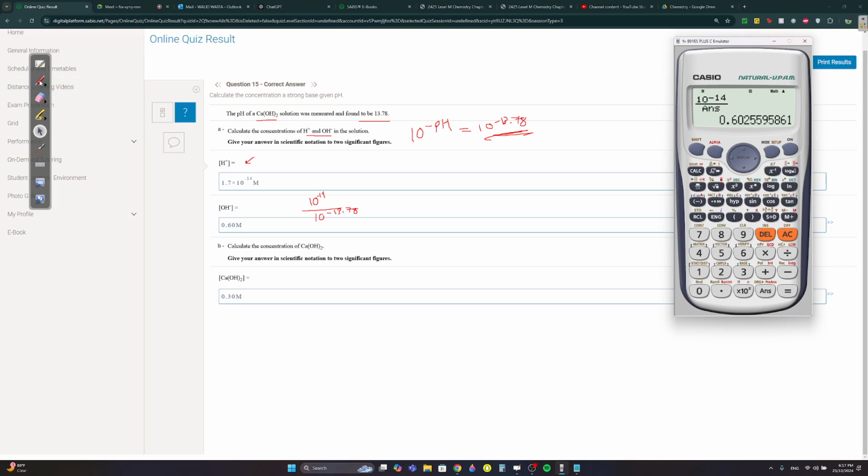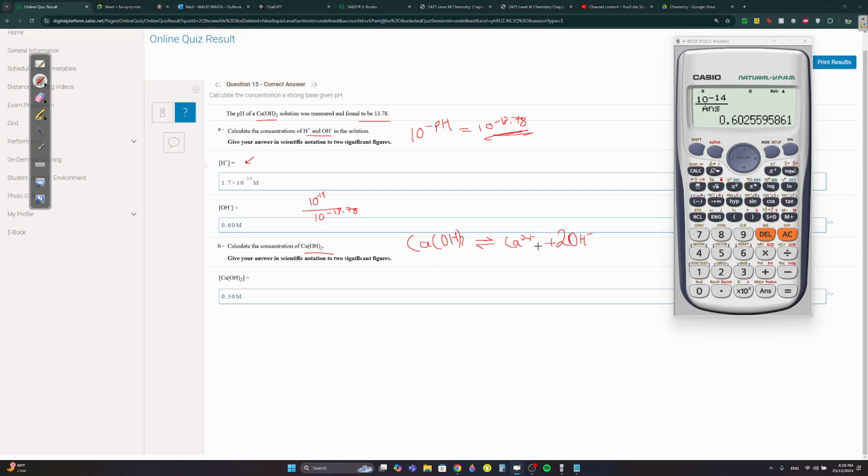Okay. Calculate the concentration of Ca(OH)2. Same thing, Ca(OH)2, same as last question. It dissociates. By the way, this one dissociates partially, huh? To get Ca2 plus and OH minus. But it's 2 here, so you have to put a 2 here.